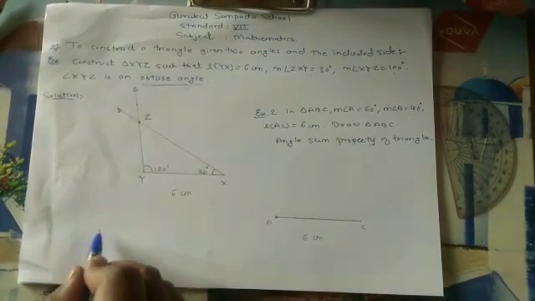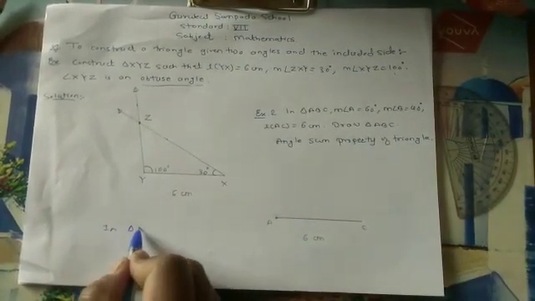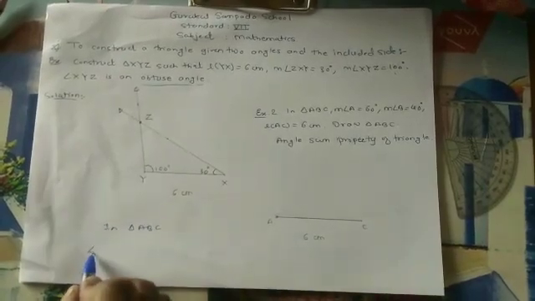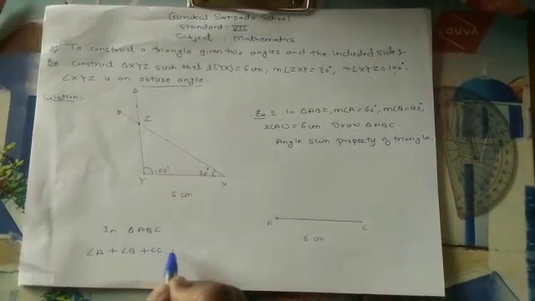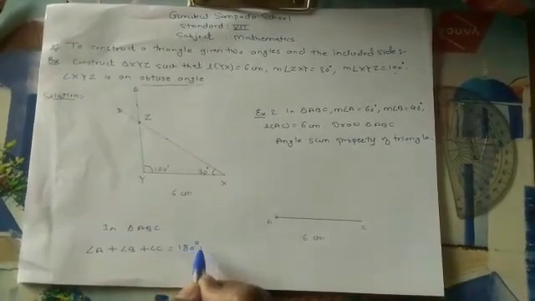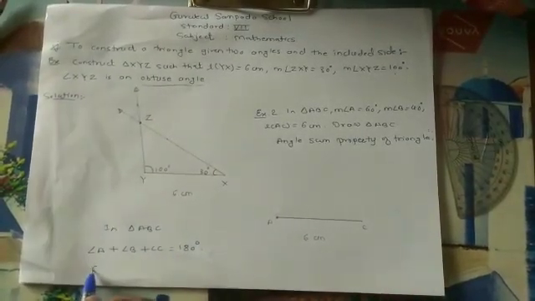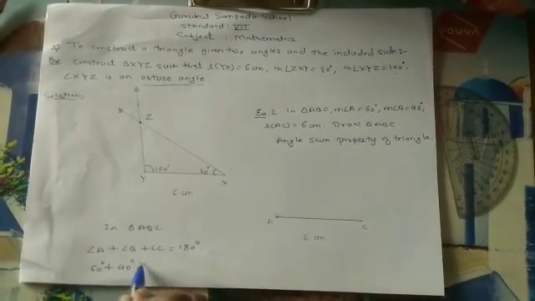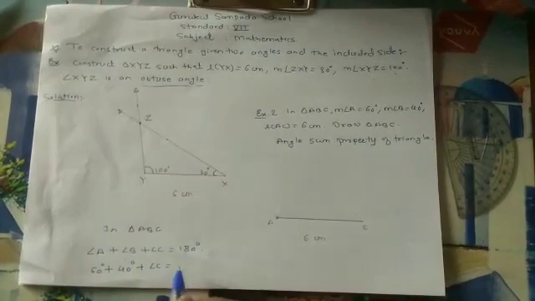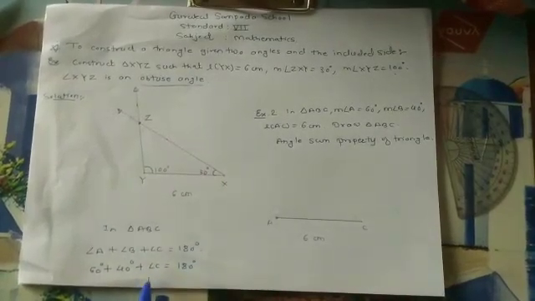That is, in triangle ABC, angle A plus angle B plus angle C is equal to 180 degree. Okay, so angle A is what? 60 degree is given. Angle B is what? 40 degree is given. Angle C is unknown, and that is our aim. We have to find out the value of angle C.